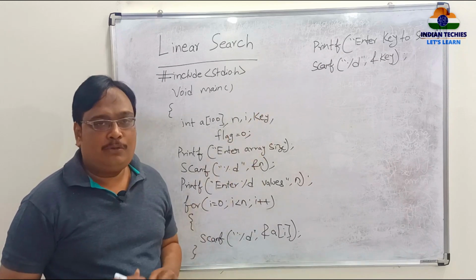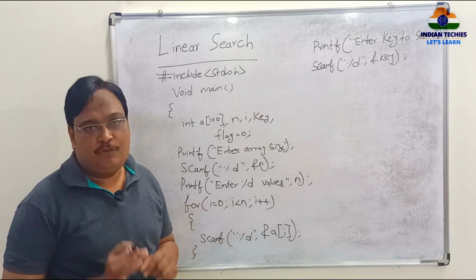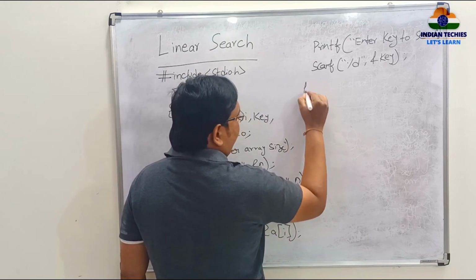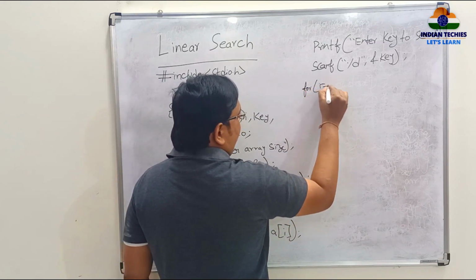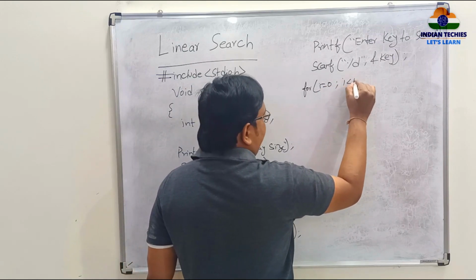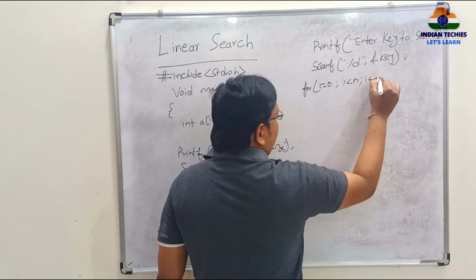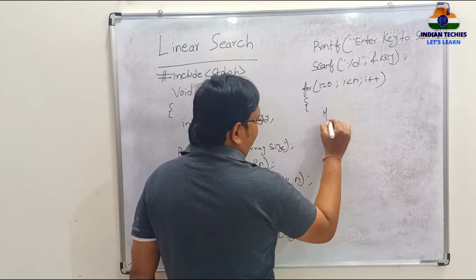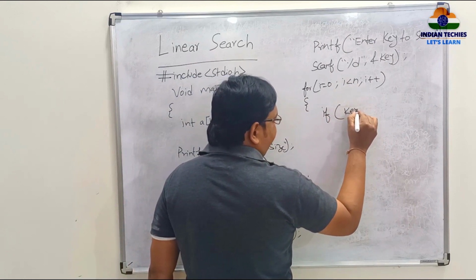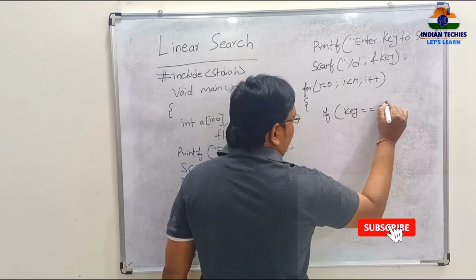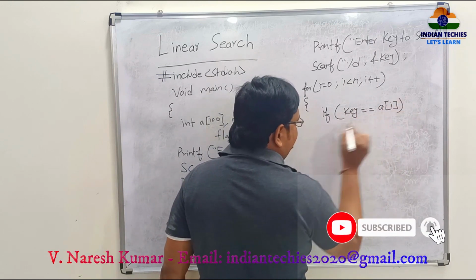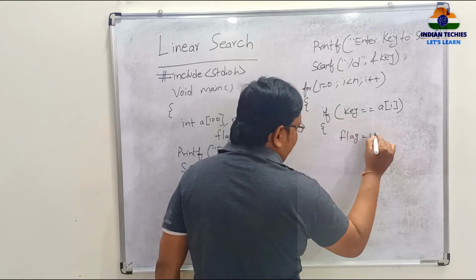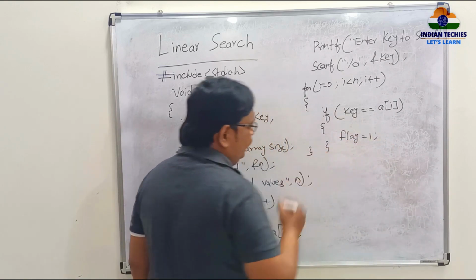Now this key you have to compare with all the elements until you find it or until you reach the end of the list. Now for i = 0, i < n, i++. Since I am checking all n elements, if my key is equal to a[i], then I am setting the flag value as 1 and closing the loop.